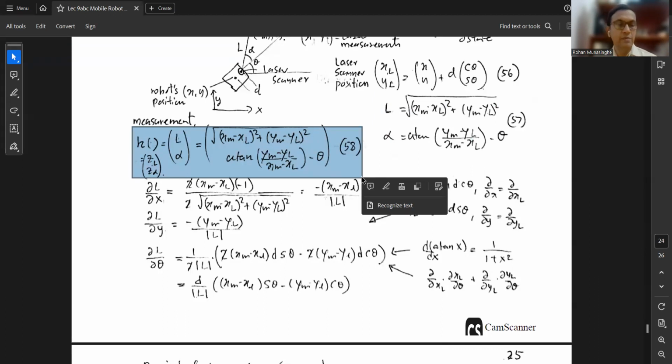Now you have the measurement model. Okay, so these equations are pretty straightforward modeling equations. You just need to take a piece of paper, draw your system, identify variables, write down equations. Okay, what you are measuring here, you are measuring capital L, the distance to the marker, and also the bearing of the marker from the heading of the robot.